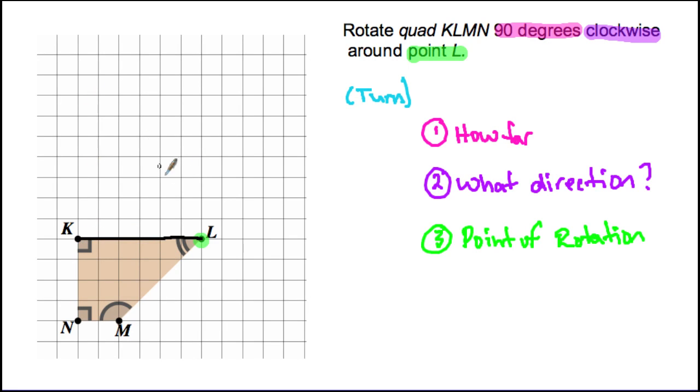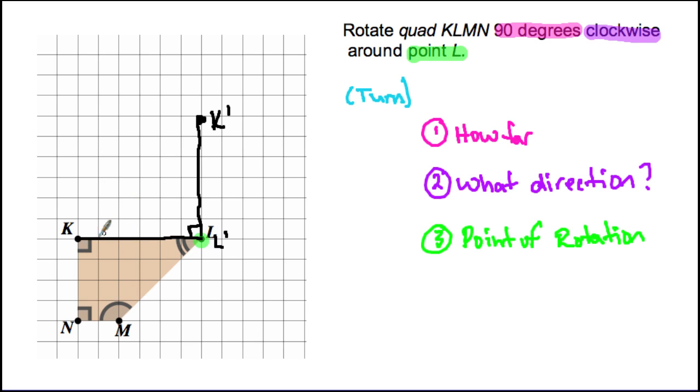I need to rotate that line 90 degrees. So if I go 90 degrees clockwise, the new line K is going to be 1, 2, 3, 4, 5, 6 points directly above L. So this is going to be the K prime. L prime will be in the same spot. And now I can do the rest of these here.